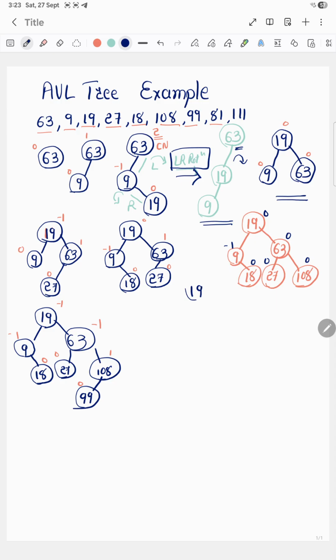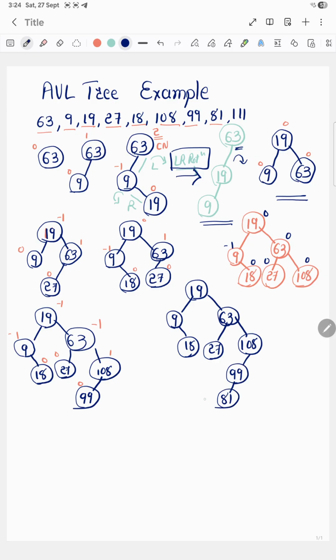I'm having 19 over here, then 9, then 18, then 63, then 27, then 108, then 99, and my element 81. Now if I check the balance factor, for 81 it's 0, for 99 it's 1, for 108 it's 2 minus 0, so it's 2.